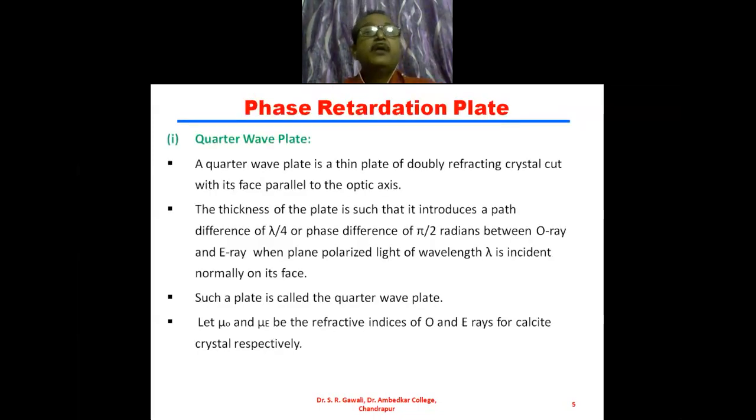Now, first of all, we'll see in detail the quarter wave plate, and this is again nothing but a phase retardation plate. It will introduce the phase difference or path difference. So, what is meant by the quarter wave plate? A quarter wave plate is a thin plate of doubly refracting crystal, cut with its face parallel to the optic axis.